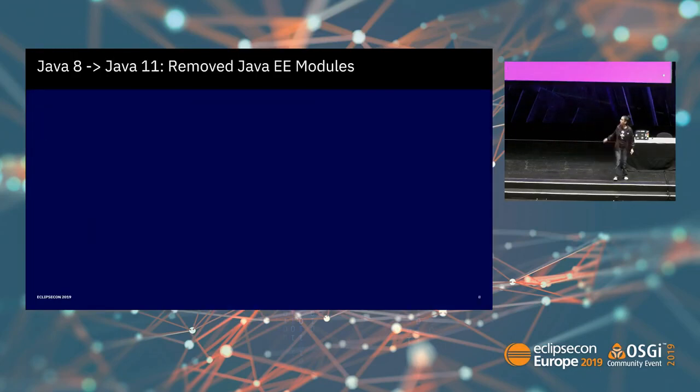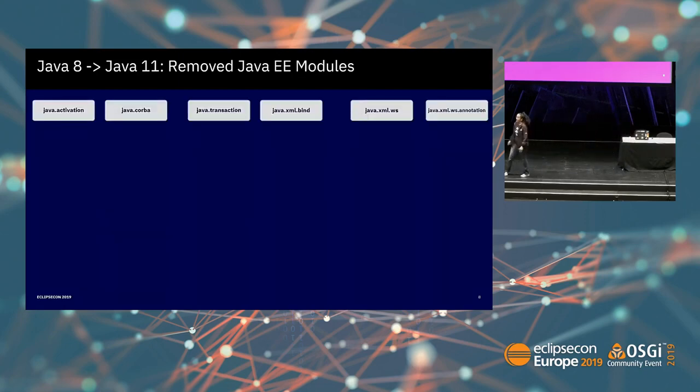Okay, so the first problem, and I think the most disruptive issue, is that Java EE modules got removed from the JDK. What does that mean? It means that all of these modules, activation, CORBA, transaction, binding, WS, and annotation, got removed.